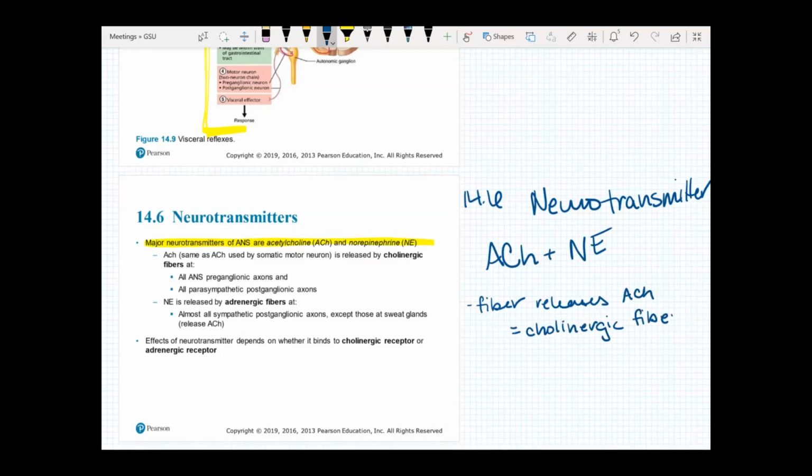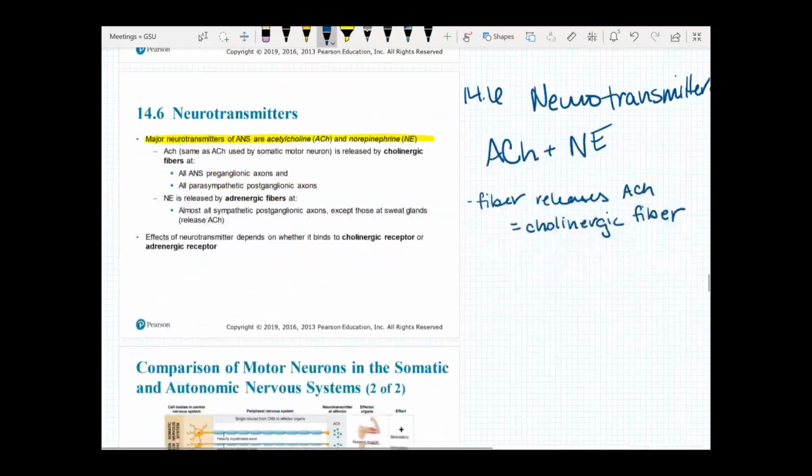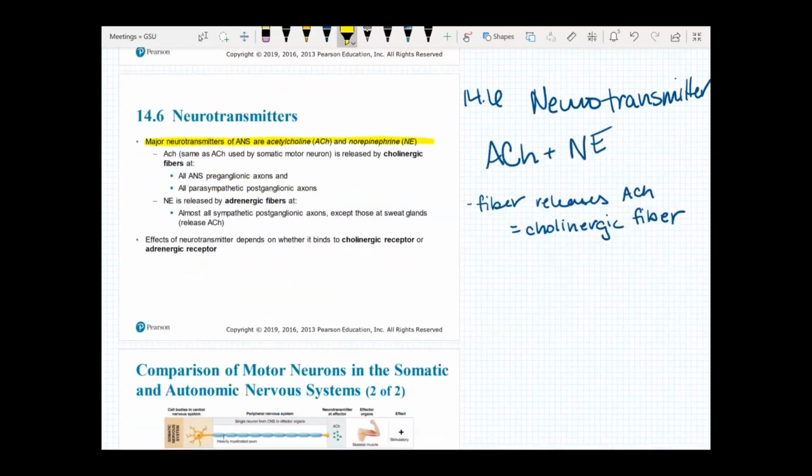ACH, acetylcholine, if the axon releases it, is called a cholinergic fiber. This is going to be all of our preganglionic axons.